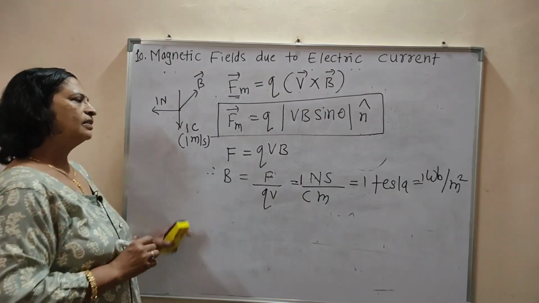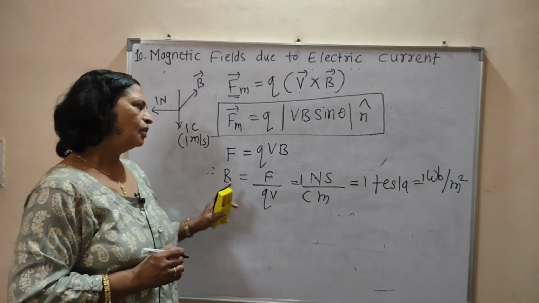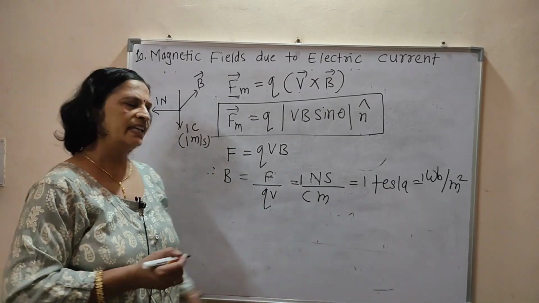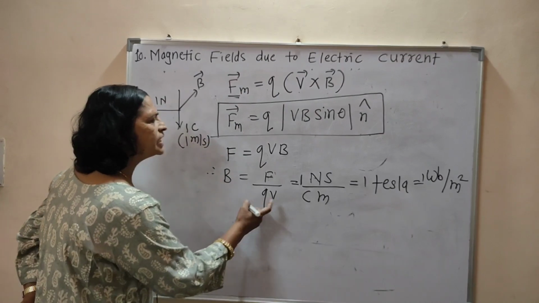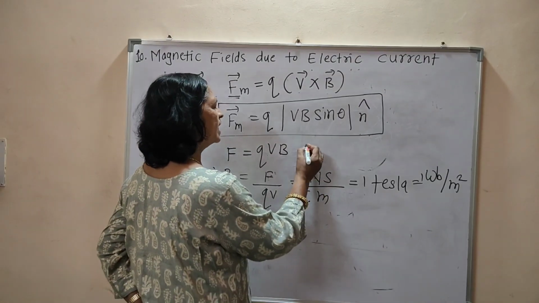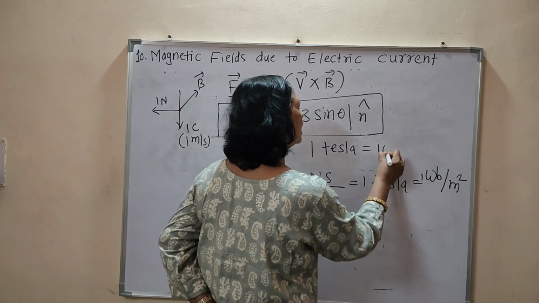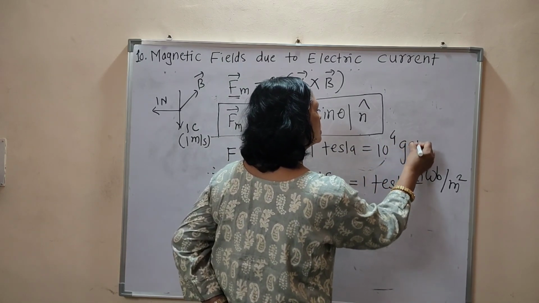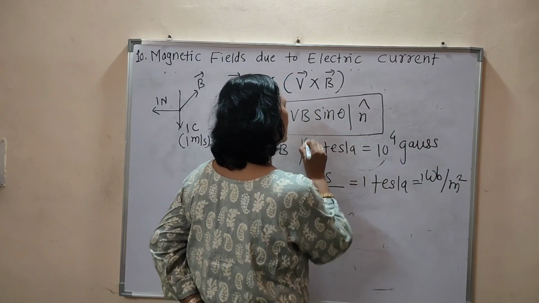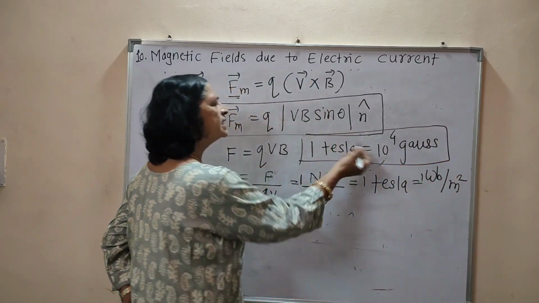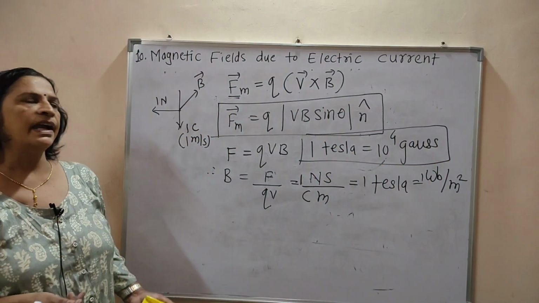But before that, one convenient unit of a magnetic field is Gauss, and the relation between Tesla and Gauss is 1 Tesla equals 10 raised to 4 Gauss. Gauss is a convenient unit.